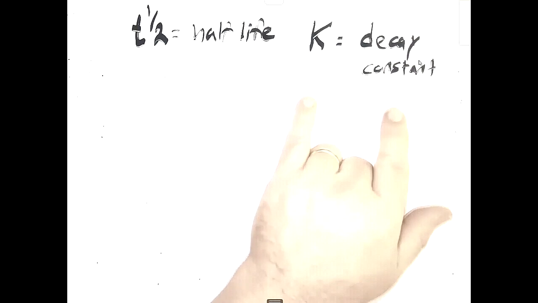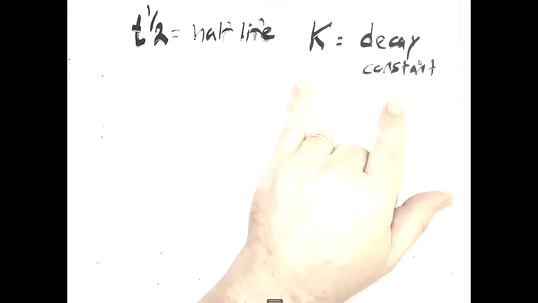Whereas when we're looking at the decay constant, we're saying right now, right at this moment, what is the rate at which this substance is decaying? How much is it falling apart right now? Two different concepts, but they're actually related. They're both just two different ways of trying to describe this phenomenon.